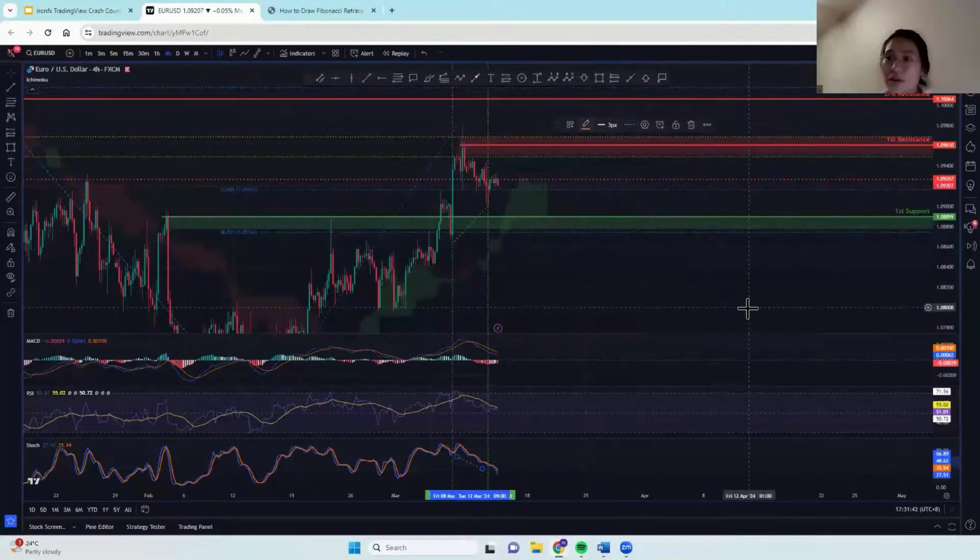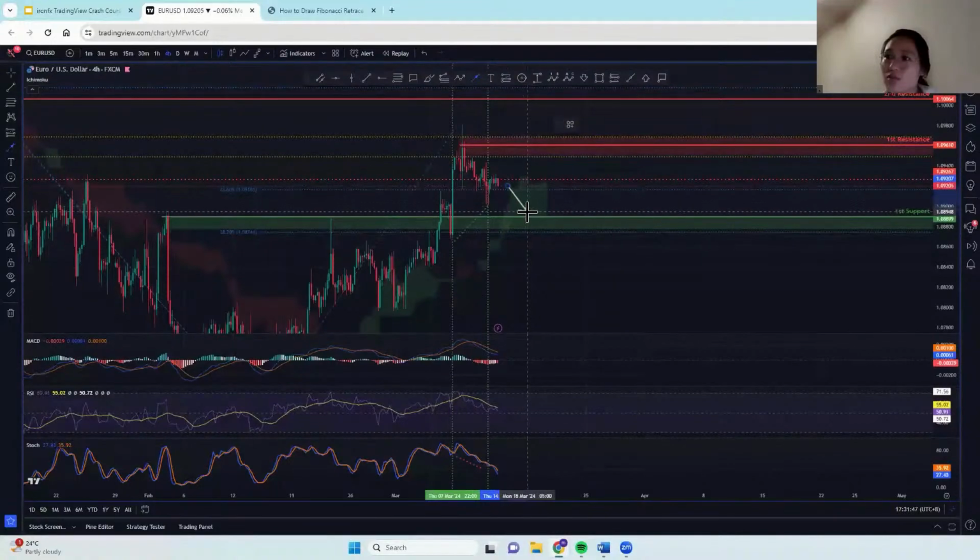So this is a bearish signal, and it supports our analysis that price will continue to drop from our pivot.